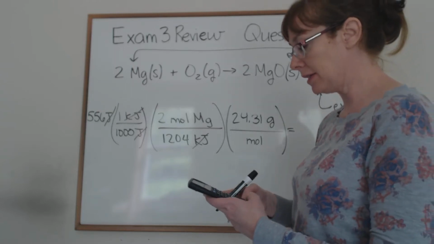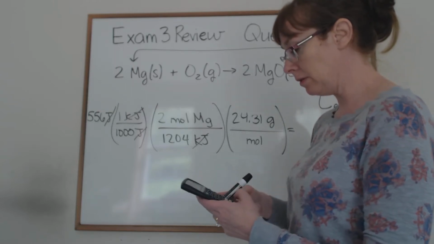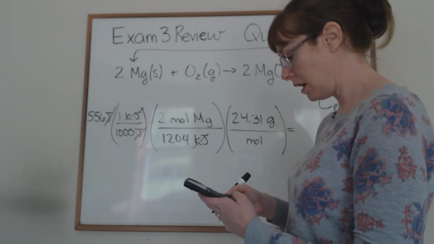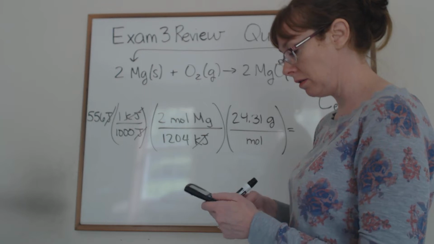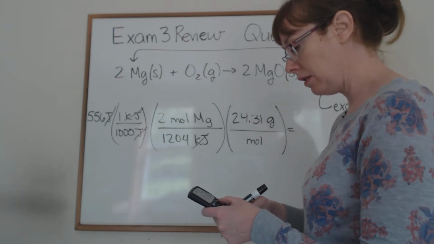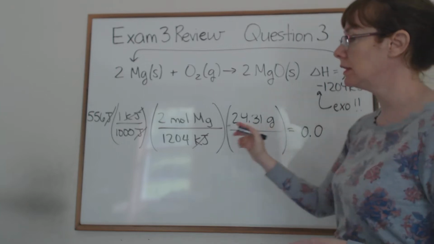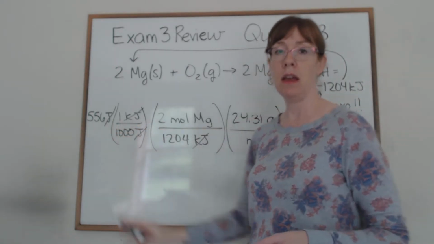556 divided by 1,000 times 2 divided by 1,204 times 24.31. And the answer that I'm getting is 0.0. Let's go to the sig figs. That has 3 sig figs.